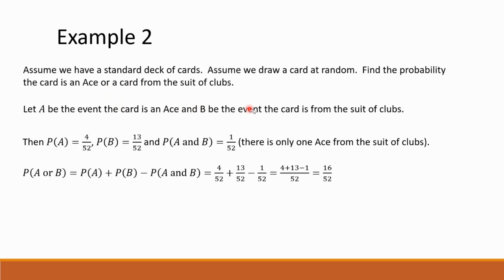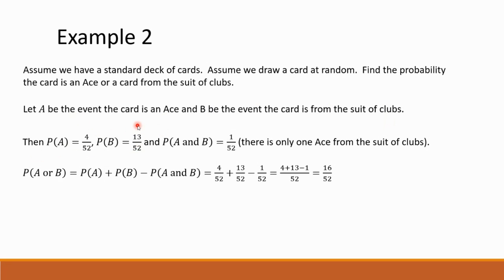B is the event that the card is from the suit of clubs. How many aces are there? There are 4 aces, so the probability of event A occurring is 4 out of 52. For the suit of clubs, we know each suit has 13 cards. The probability of B then is 13 out of 52.